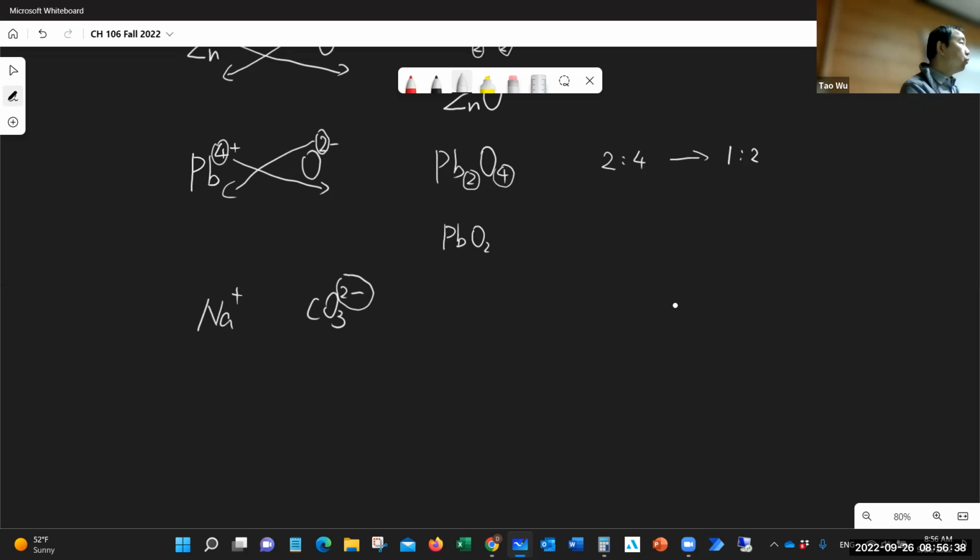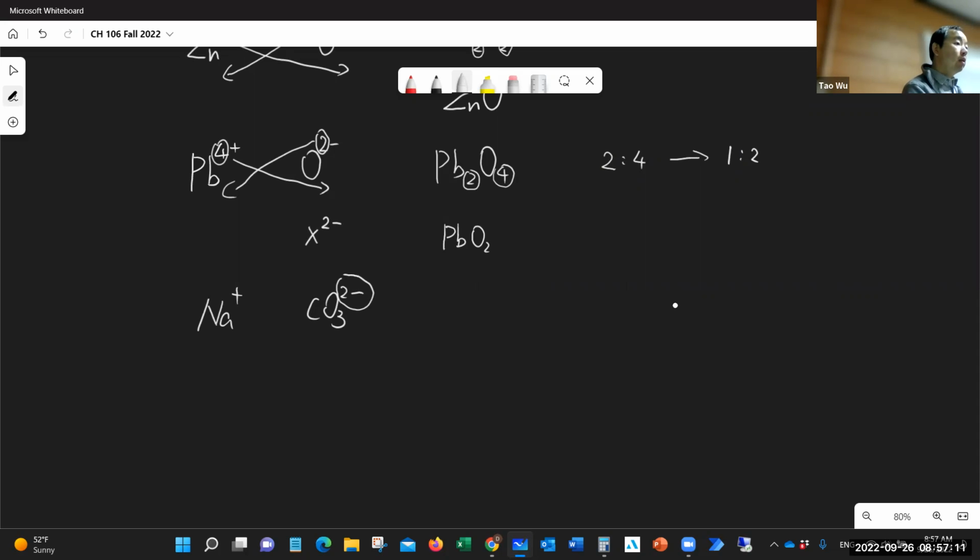Don't worry about the CO3 over here. You assume the 1 carbon and 3 oxygens are totally combined together and are not going to separate. You're going to treat this inside just like an X. So Na plus is combined with an ion with 2 negative charge.